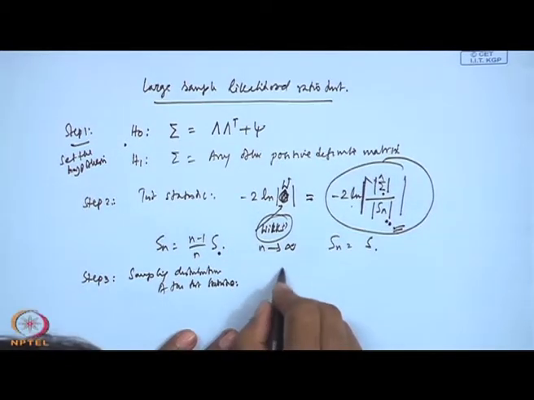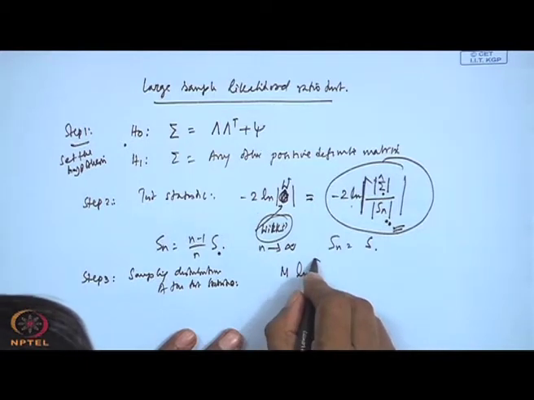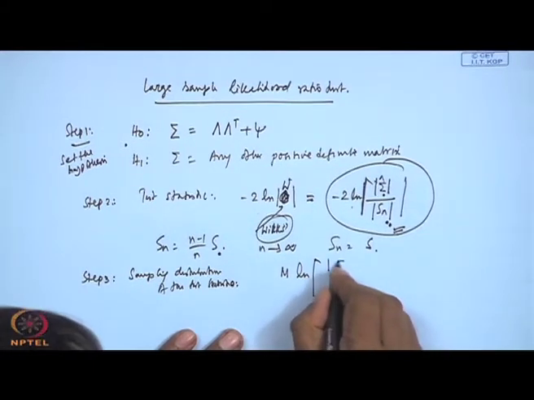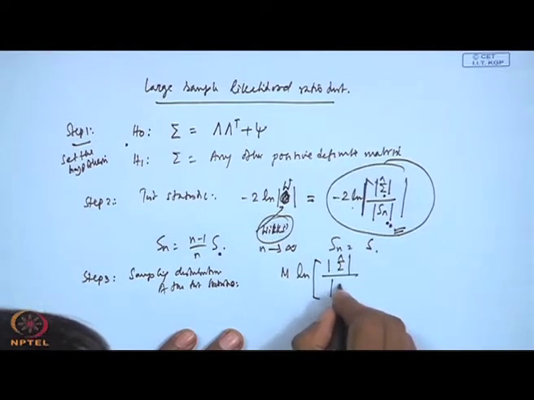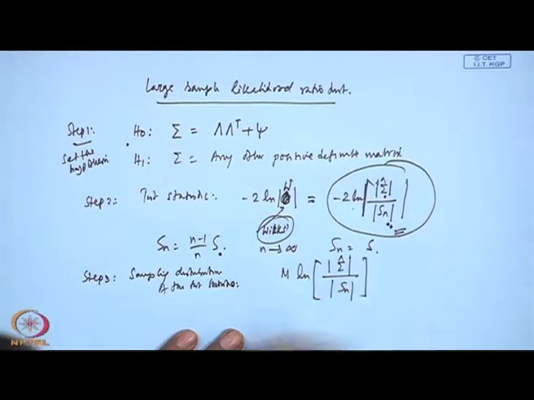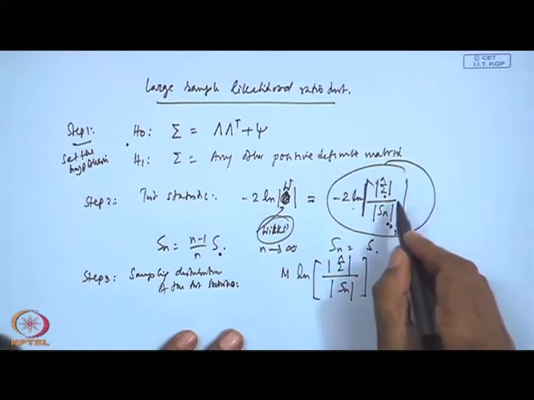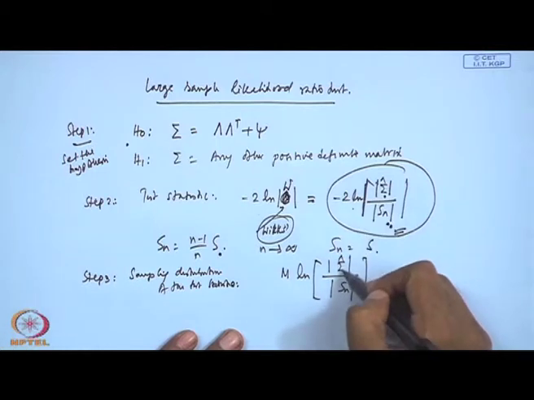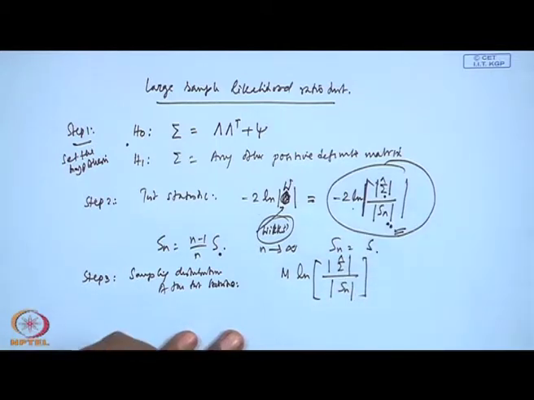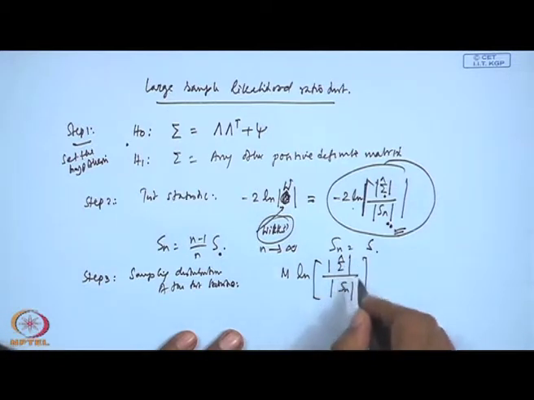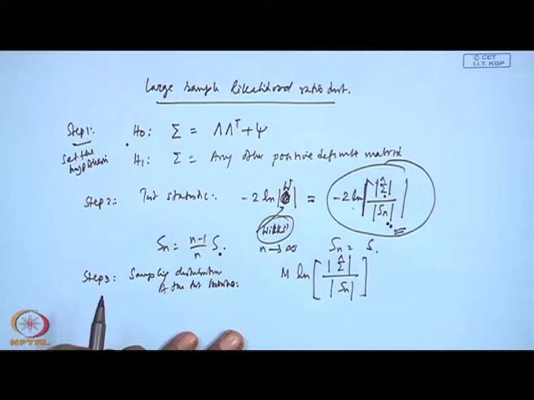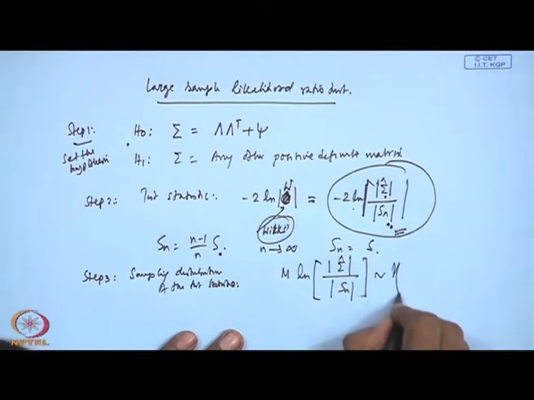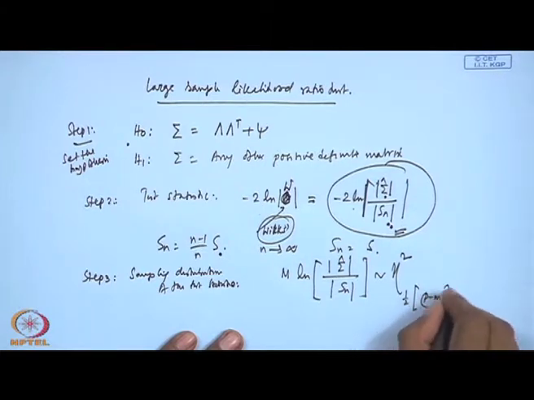Now, Bartlett says that m log determinant of sigma by Sn, please keep in mind that we are writing the estimated value here, sigma cap, because this is our random component, follows a chi-square distribution with half of (p minus m) square minus p plus m degrees of freedom.